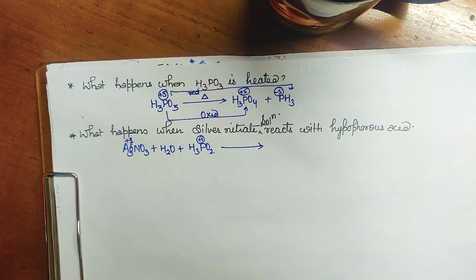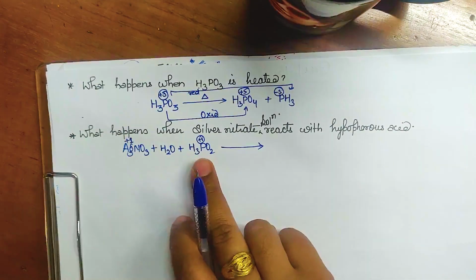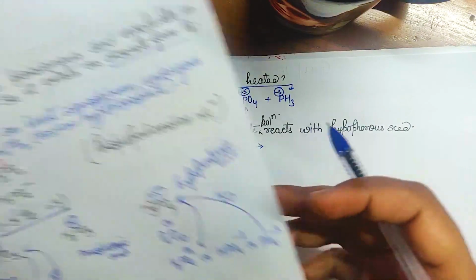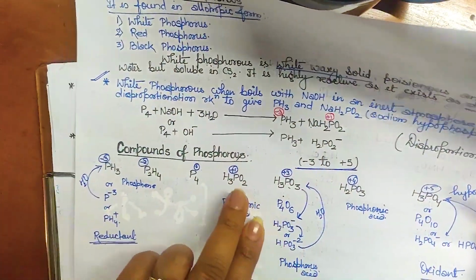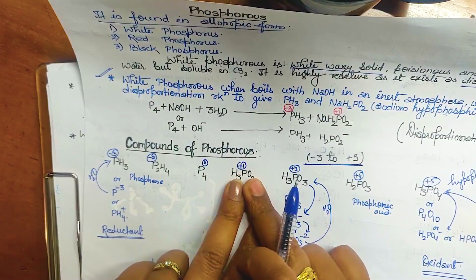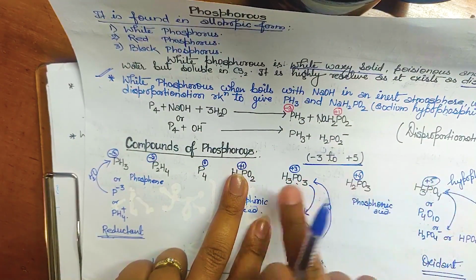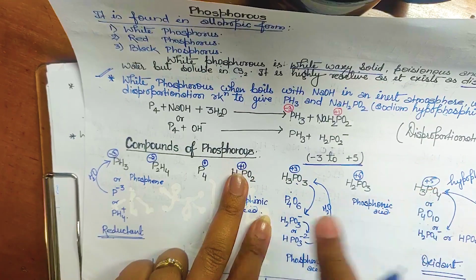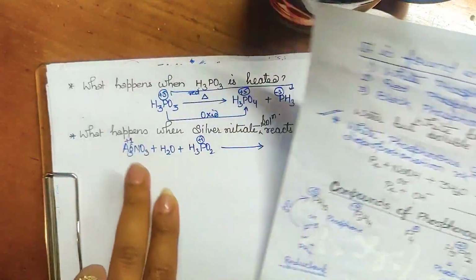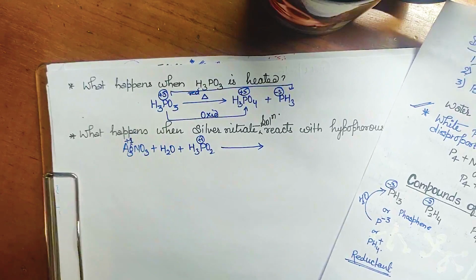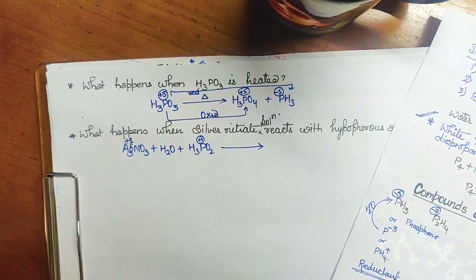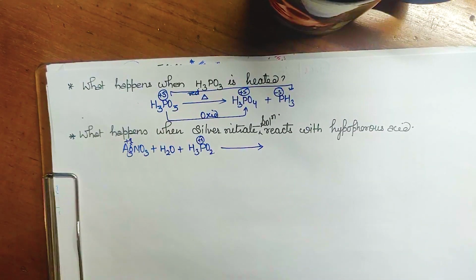I told you, for hydrolysis we follow that concept when it is in the maximum or the least state. But if it is in between, it will undergo oxidation and reduction. So H3PO2 can oxidize as well as reduce. But AgNO3 has Ag in the +1 state, which is the maximum state, so it has only one option, to be reduced.